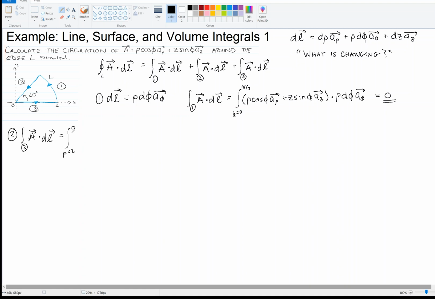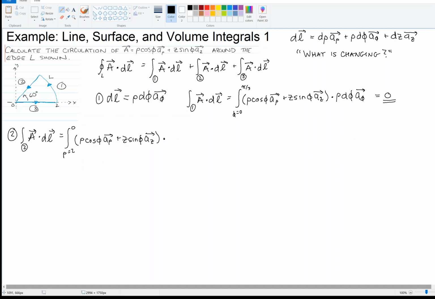The order matters here, not 0 to 2, but 2 to 0, because again, it's the directed distance, right? From 2 to 0. Then I've got A. A is rho cosine phi a_rho plus z sine phi a_z, dotted with dl.